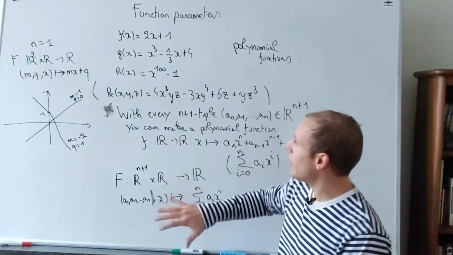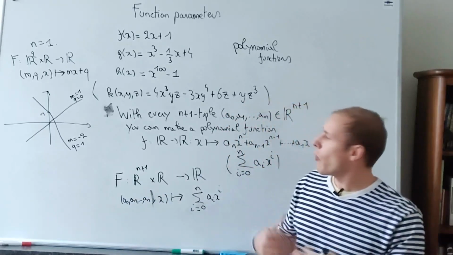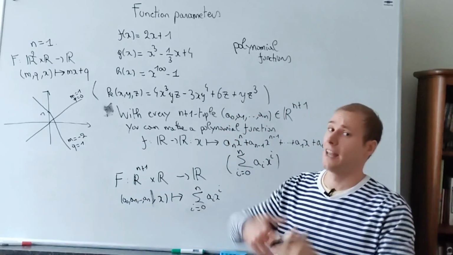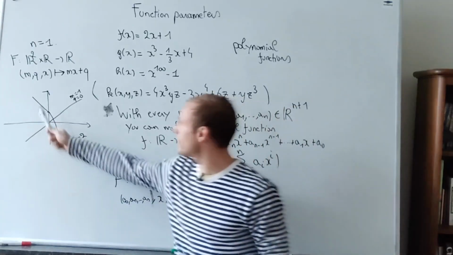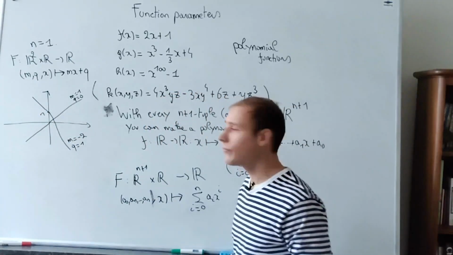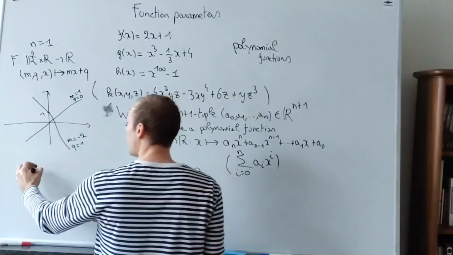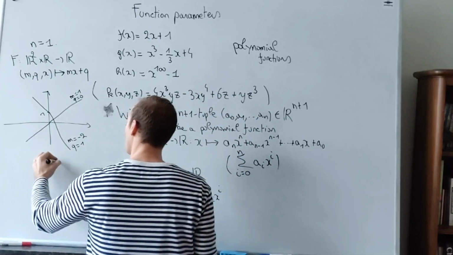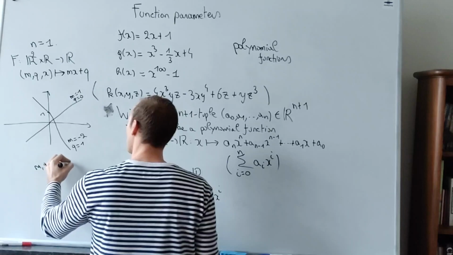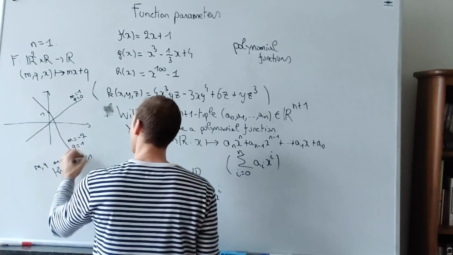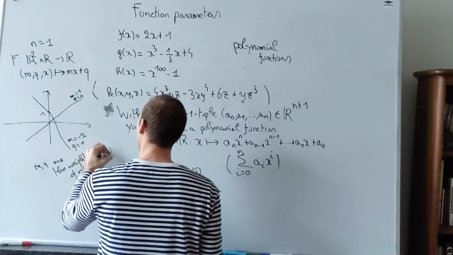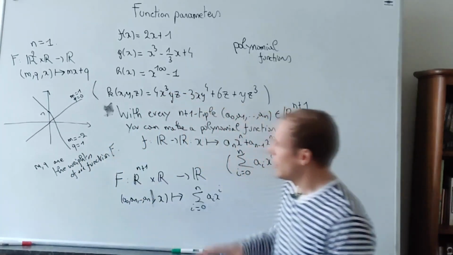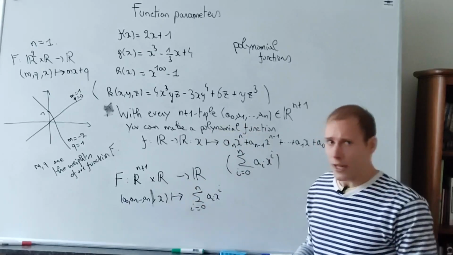So let's say I want to make a function which is a line in the plane. Then all I actually have to do is specify this m and this q, and then we can say that m and q are the weights of our function F.